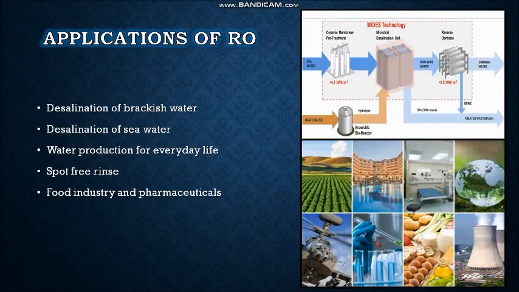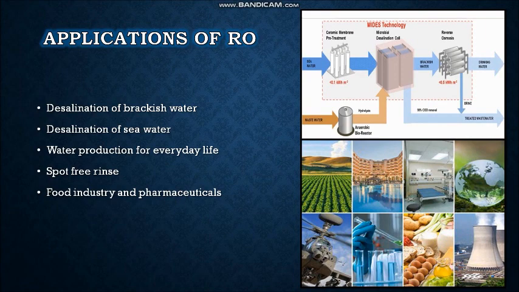Applications of RO plant. Desalination of brackish water. Brackish water is water having more salinity than fresh water but less than seawater. RO is an effective method to reduce its salinity and lower its saline concentration to 500 mg per liter.